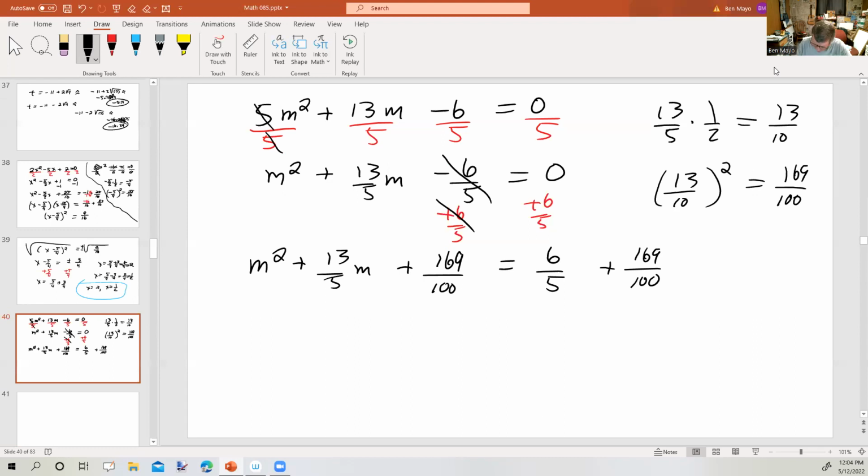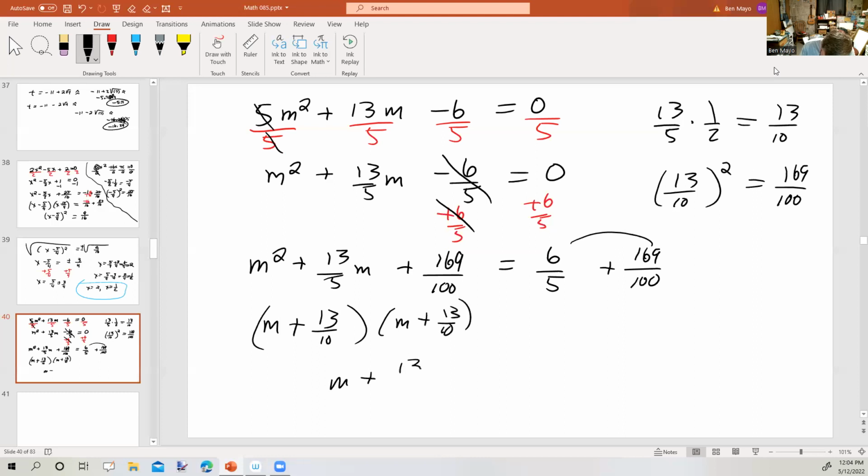Ready. All right. So now I can combine the two fractions on the right side, and the left side is a perfect square. So I've got m plus 13/10 times m plus 13/10, or m plus 13/10 squared. My common denominator of 5 and 100 is 100.